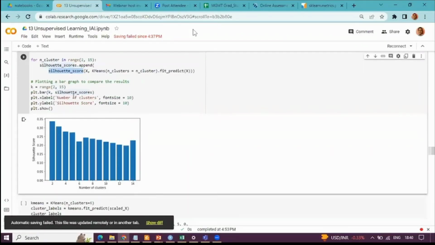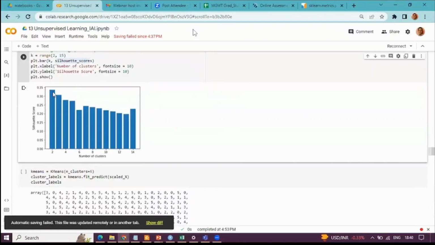Now you could see the maximum came for a two cluster solution only. Right? The maximum Silhouette score here has come out for a two cluster solution only. The three cluster solution is the next one which is closest to it. Probably 4 and 5 are closer, but after a point, we have seen that there is a decrease in the typical value.